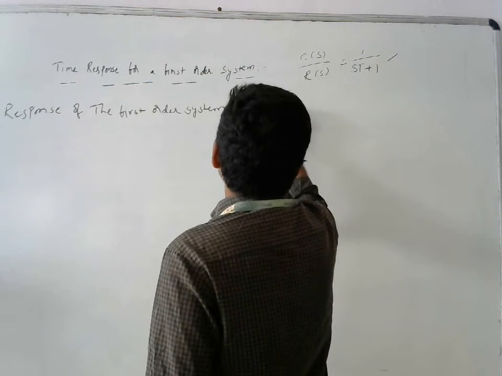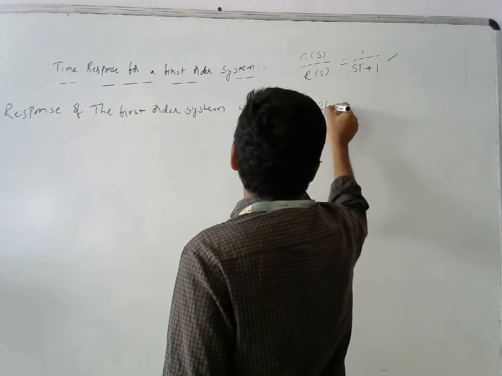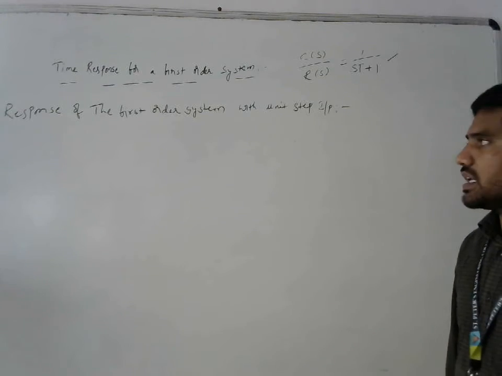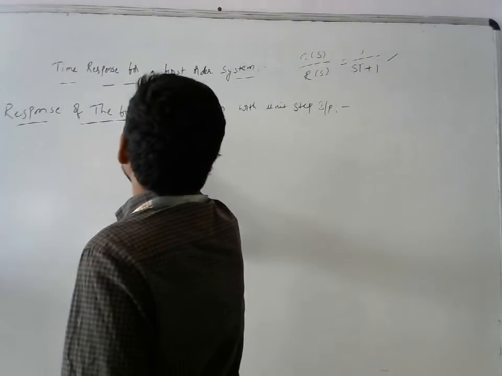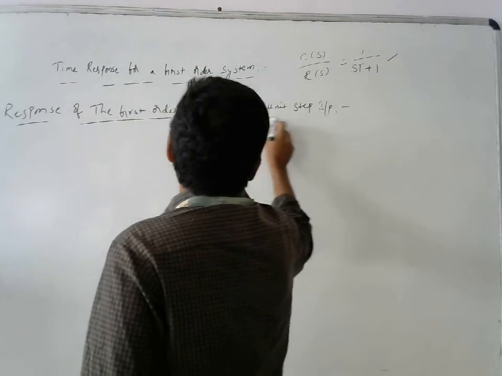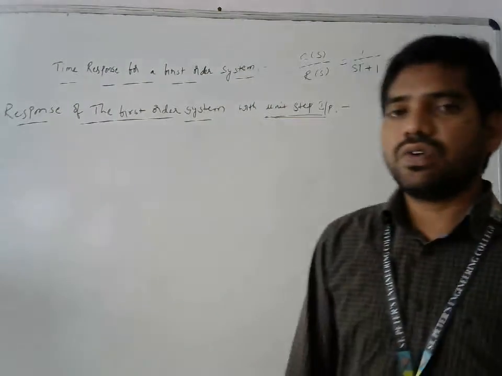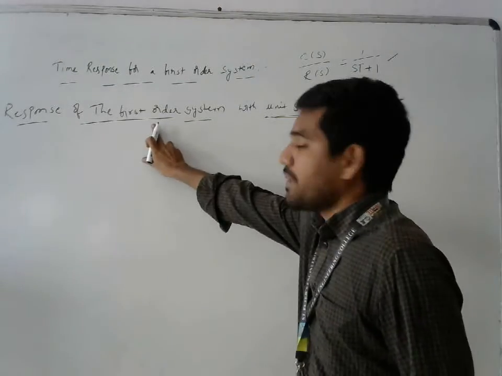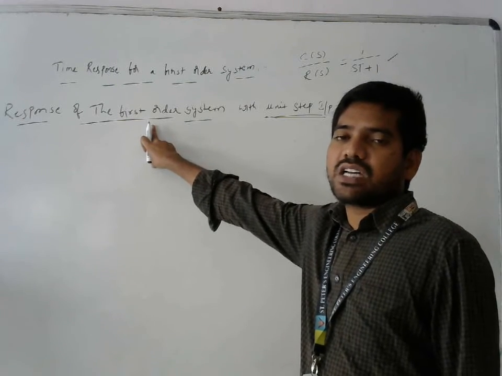This is important. Which signal are we going to give? A unit step input. Which order system are we going to consider? The first order system. What is the first order system transfer function?